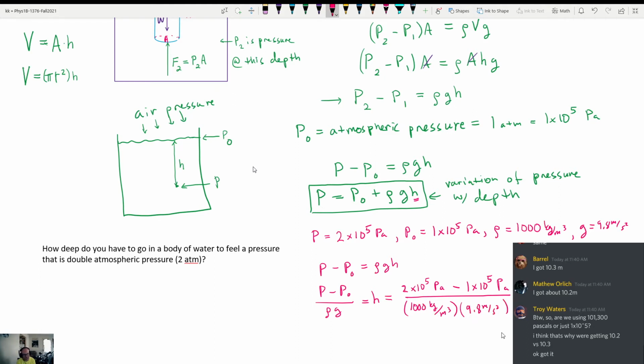This gives us about 10.3 meters. If you do it this way, maybe you get 10.2 meters. I'm going to just round it down, because the whole point of this was just to get a rough idea. We're going to call it 10 meters, okay?